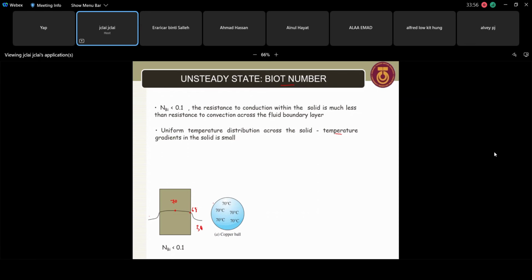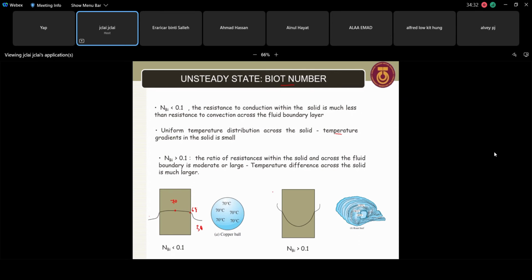So when the Biot number is less than 0.1, we can assume the body has a uniform temperature distribution across the body, because the resistance to conduction within the solid is much less than the resistance to convection across the fluid boundary condition. This one I will explain later.